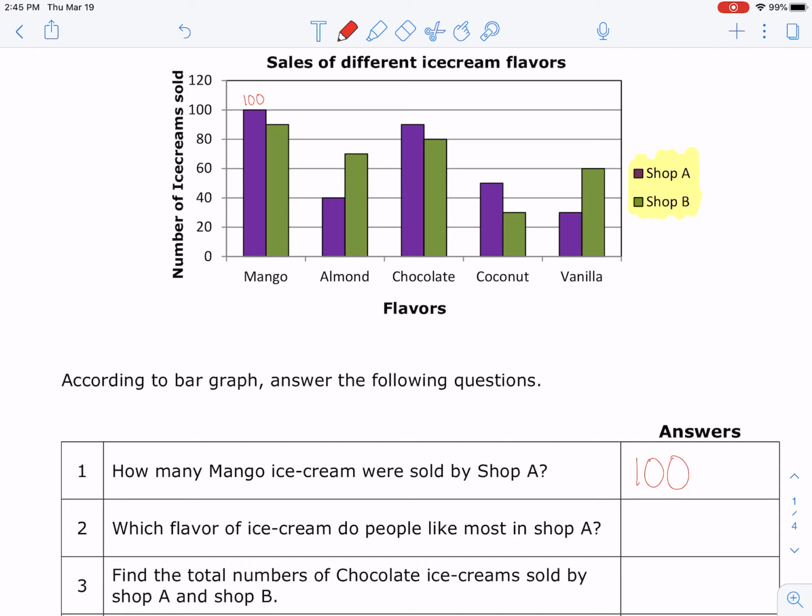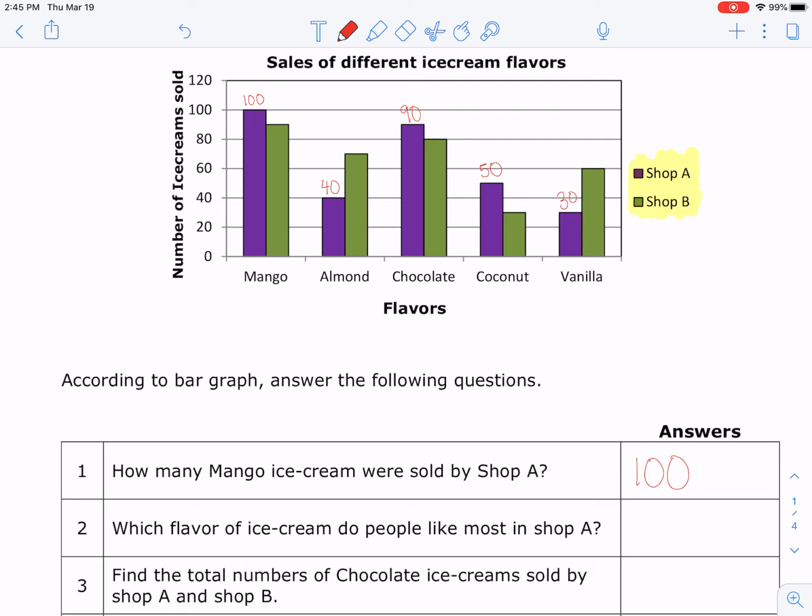And number 2, which flavor ice cream do people like most in shop A? So we're looking at all of the purple bars, and I'm going to just write the number on top of it. So almonds, people had 40 sold. Chocolate had 90. Coconut had 50. And vanilla had 30.